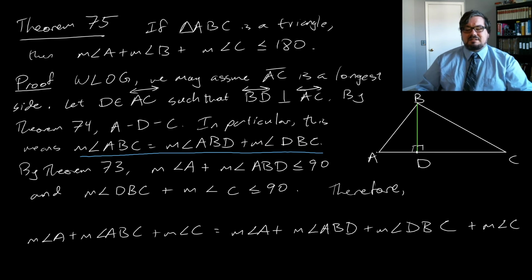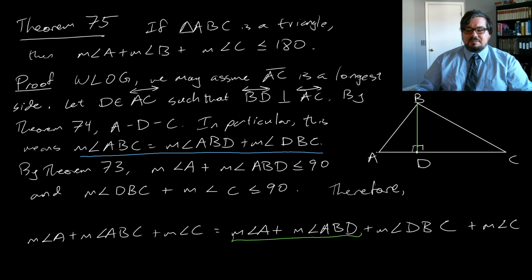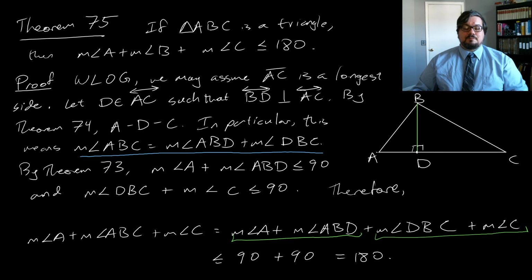And then we still have plus the measure of angle C. But now, each of these pairs is less than or equal to 90 by theorem 73, as we mentioned above. So this is less than or equal to 90 plus 90, which is 180.